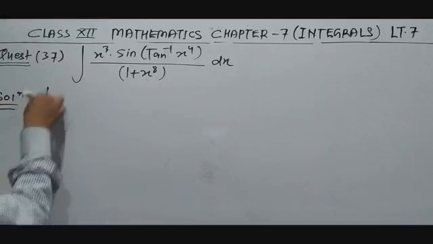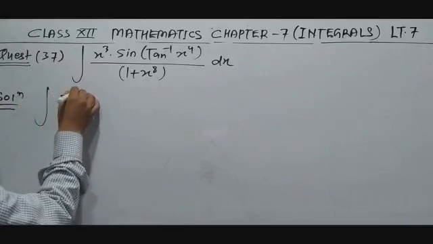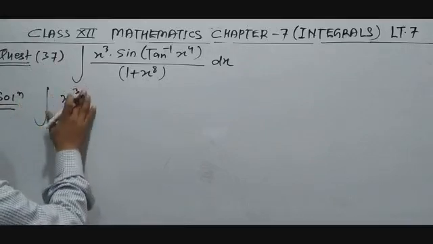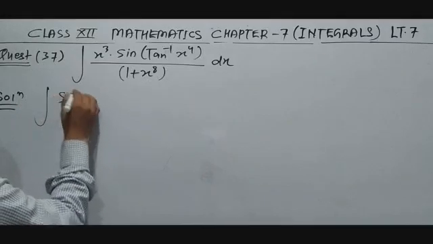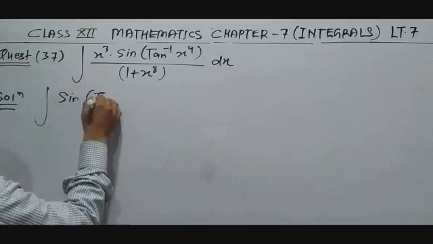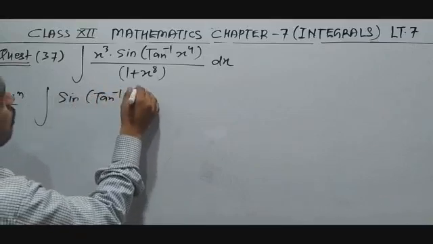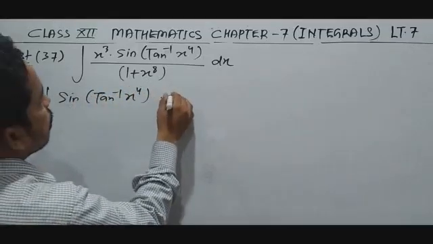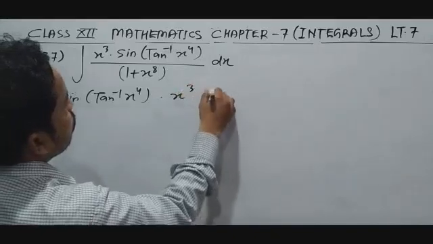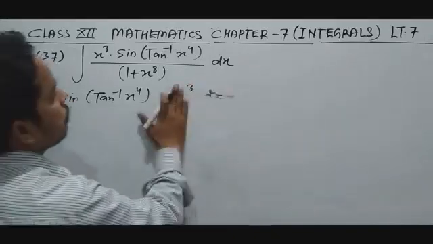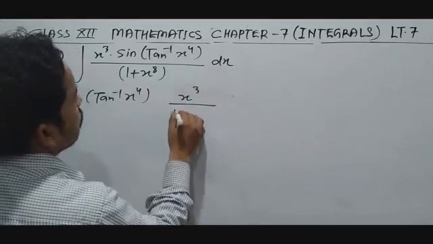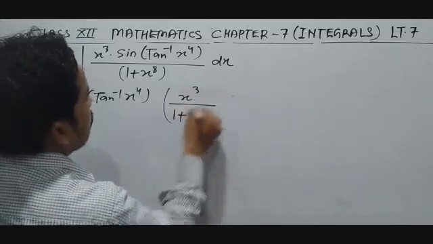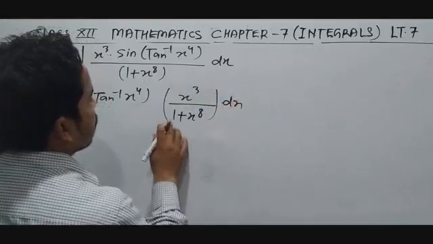So first of all write this integral part: sine of tan inverse x to the power 4 into x cube dx upon 1 plus x to the power 8.